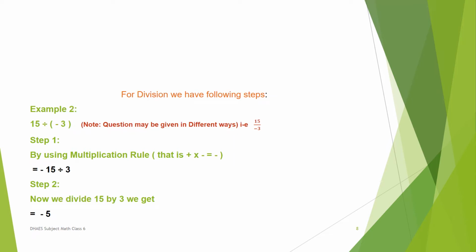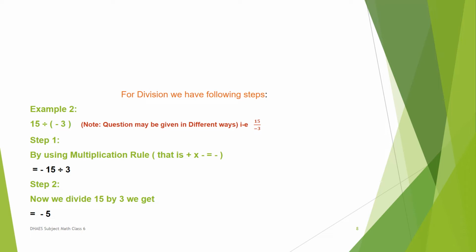Example 2 is a question of division. In division we have plus 15 divided by minus 3. It can be given in this form and it can be given in fraction form. The meaning of both is the same: you have to divide these terms. 15 is given with a positive sign, 3 is given with a negative sign.